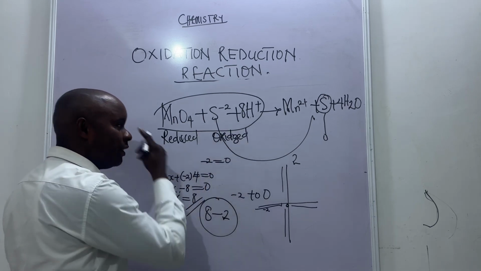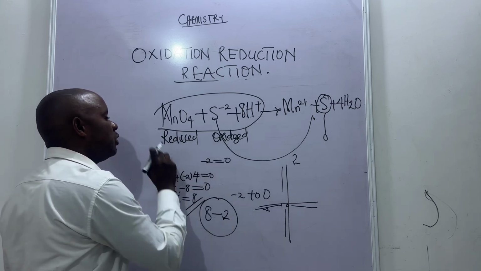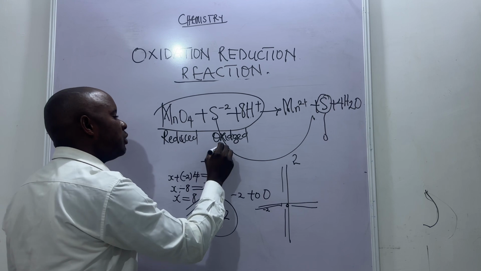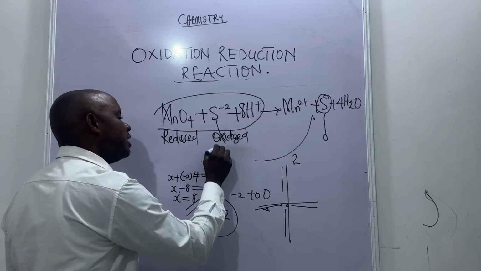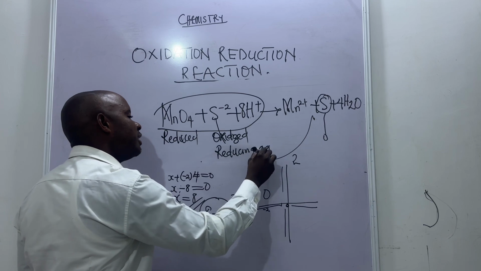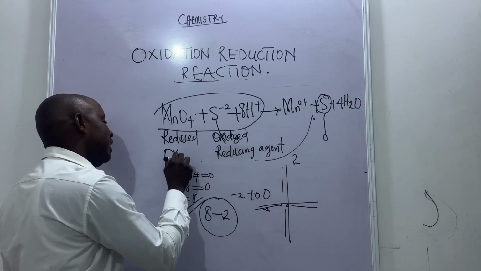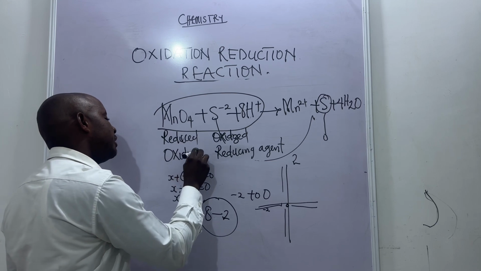So by so doing, we said the side that is oxidized is known as the reducing agent, while the aspect that is reduced is known as what? Oxidizing agent.